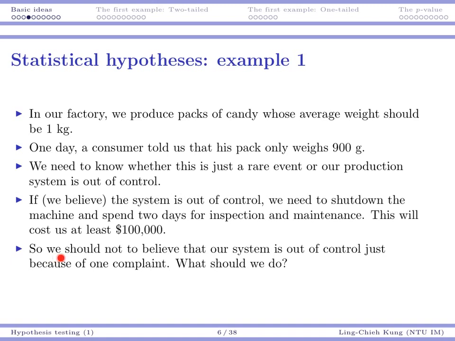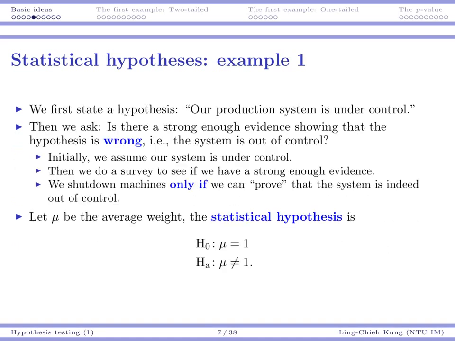So we should not just believe that our system is out of control because of one complaint. One complaint is not strong enough. We probably should collect more data and then try to convince ourselves that the machine really has a problem. So what should we do?